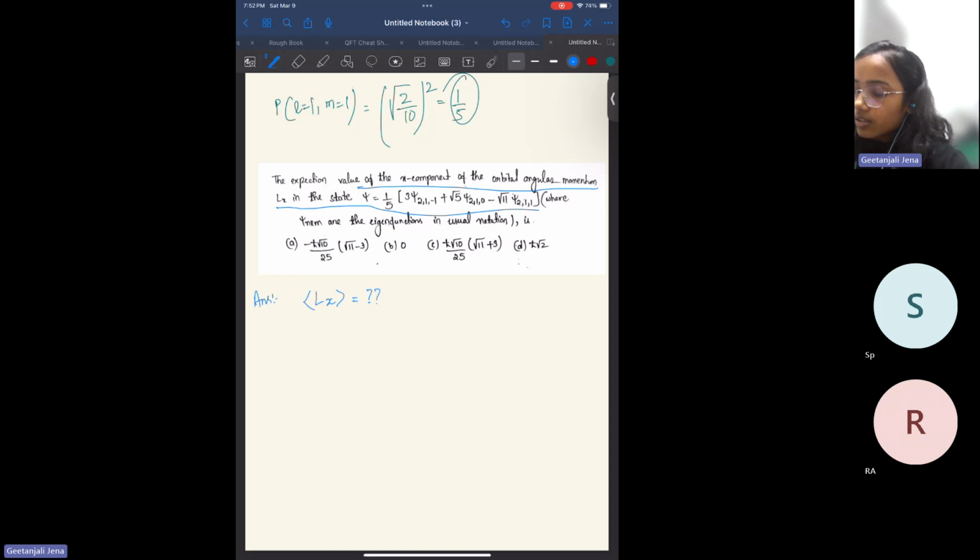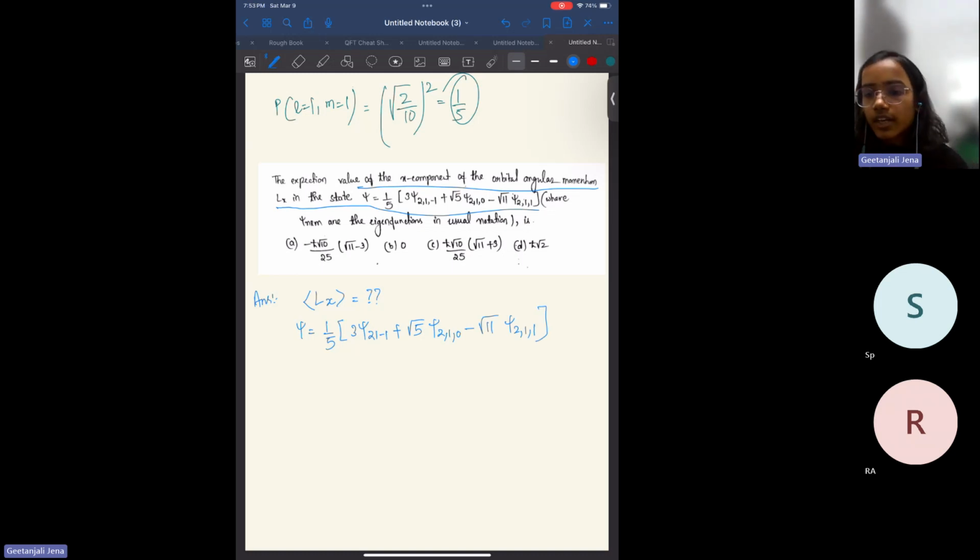What is this, when psi equals 1/√5 psi_21-1 + √(something)/√5 psi_210 + √(something)/√11 psi_211?